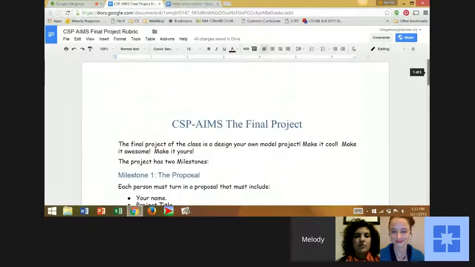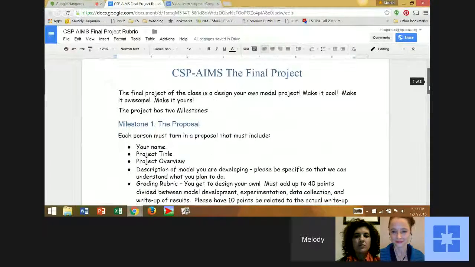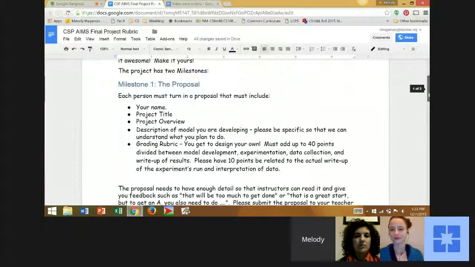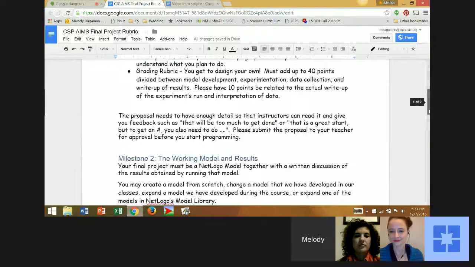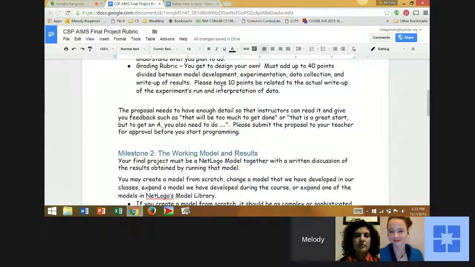So the final project rubric includes details for a proposal so that they can kind of solidify their idea before they get into coding it. And so there are guidelines for what they should include, and one of the things that they're going to include is create your own rubric. So they get to design their own.